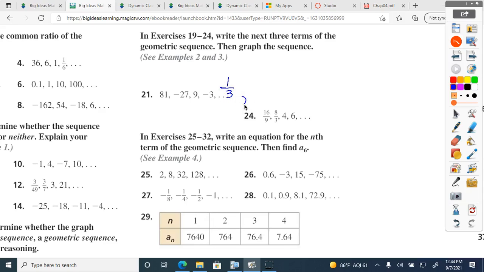You said 1/3, and I said what type of 1/3, and you said negative, but it should have been positive. I didn't say you were wrong. I just asked what type of 1/3 it was. So what's after 1/3? Negative 1/9. And then last but not least, positive 1/27.